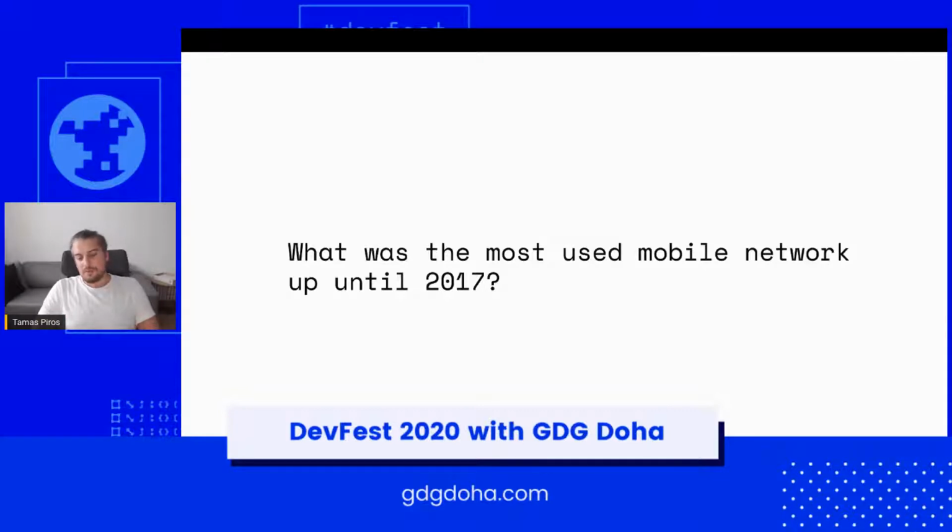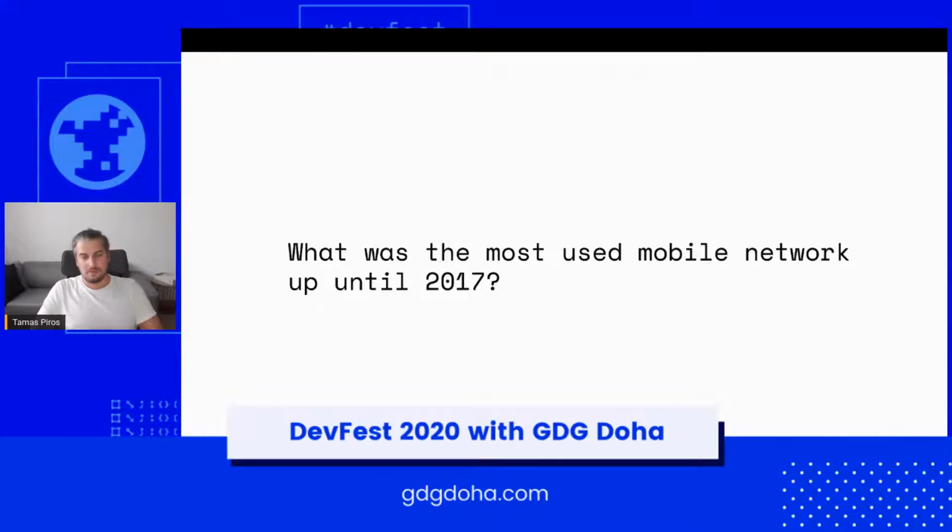But what do you think was the most used mobile network up until 2017? And remember, we're talking about 3 years ago. So what was the mobile network that most of the people who had a mobile phone was on? When someone asked me this question, I think that was like a year and a half ago, so even closer to 2017, I was sure that the answer is 3G, right?